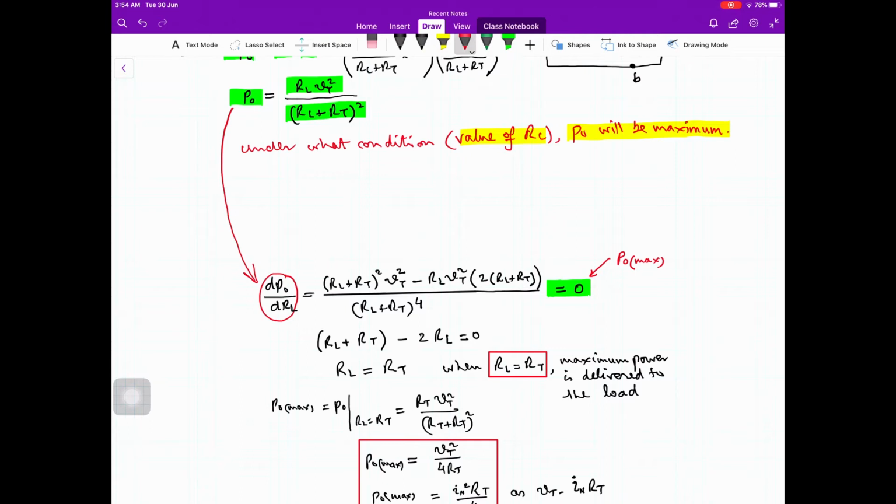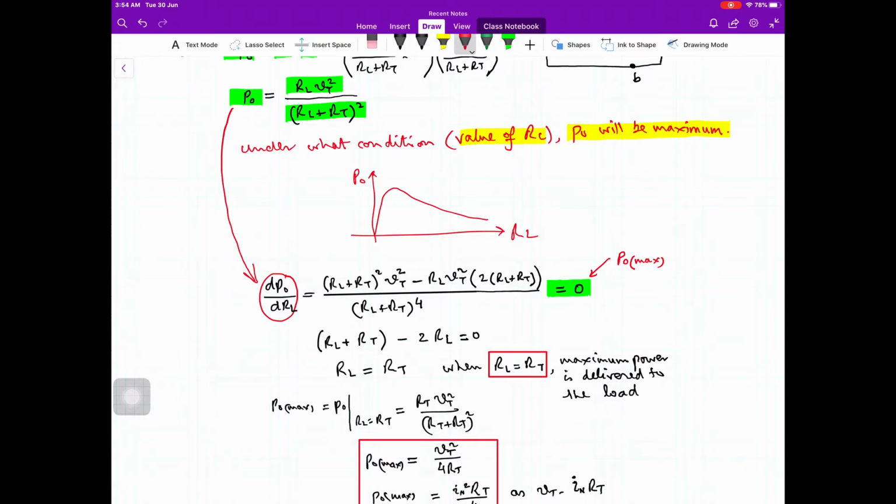We will see again that if on the horizontal axis we have RL and over here we have PO, the shape of PO will be more like that. This is the shape of the power output.